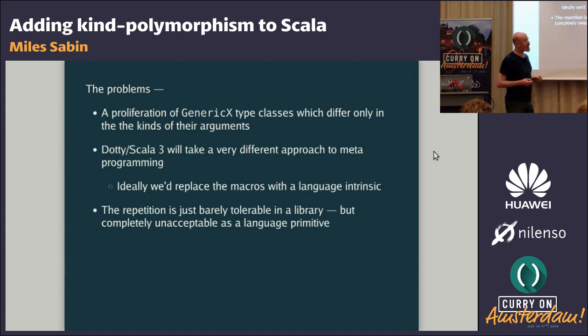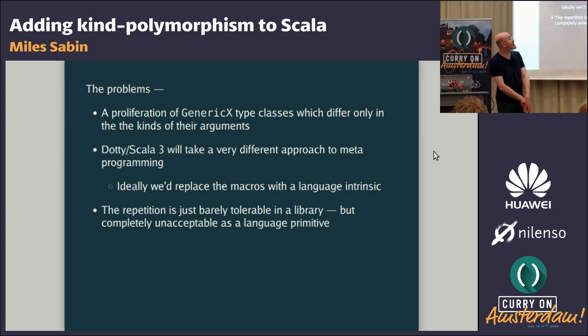One of the rationales for wanting to see generic make its way into the language proper is that, as I mentioned, generic itself is a macro primitive in the shapeless library. In Scala 3, otherwise known as Dotty, the entire macro infrastructure is likely to change in fairly radical ways.